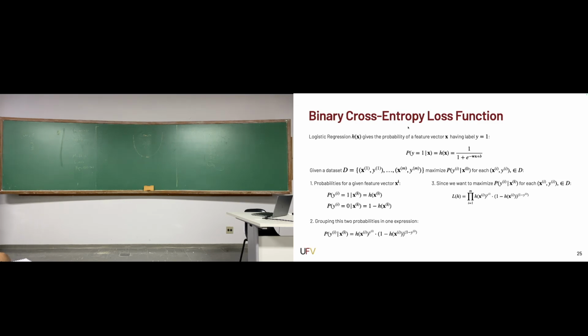So I want to maximize this probability. That's what I just said. I want to maximize this probability here. Look, it's the same thing for each example in D. Because we're dealing with probabilities, I need to multiply all of them to get the probability of the whole data set.